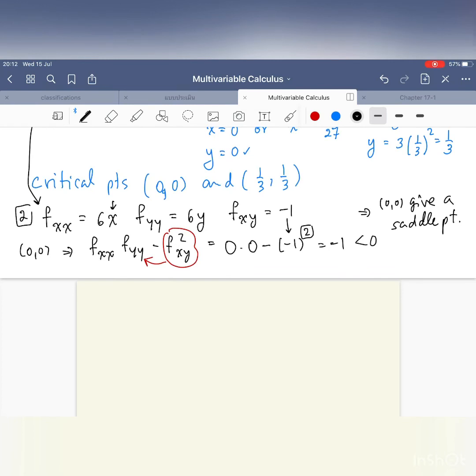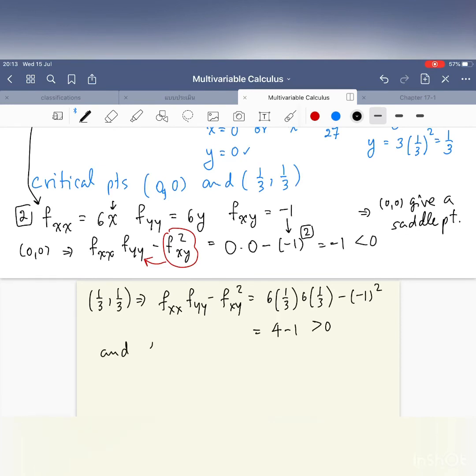Okay, how about at the point 1/3 and 1/3? Okay, so f sub xx times f sub yy minus f sub xy squared. Okay, you have a 6x times 6y minus -1 squared. Okay, so you have a 4 minus 1, which is of course positive.